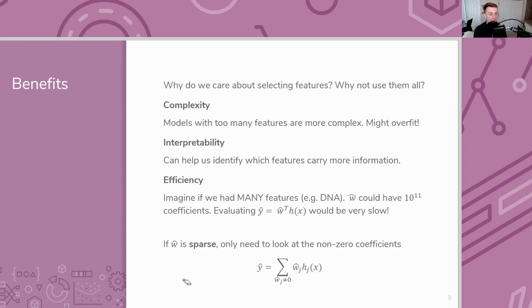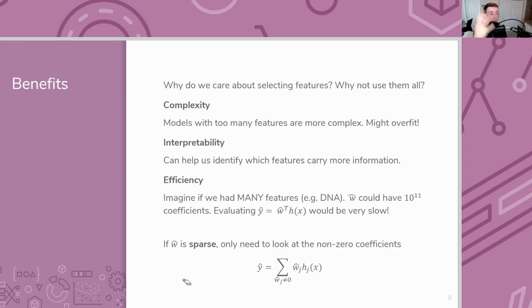And then finally, one reason to not use lots of features is efficiency. If you have lots and lots of features, say like you're using DNA data and you have a feature for each gene, then you need to learn one coefficient for every gene, and there are a lot of genes, which then means your training time is slow because you have to learn all those coefficients.